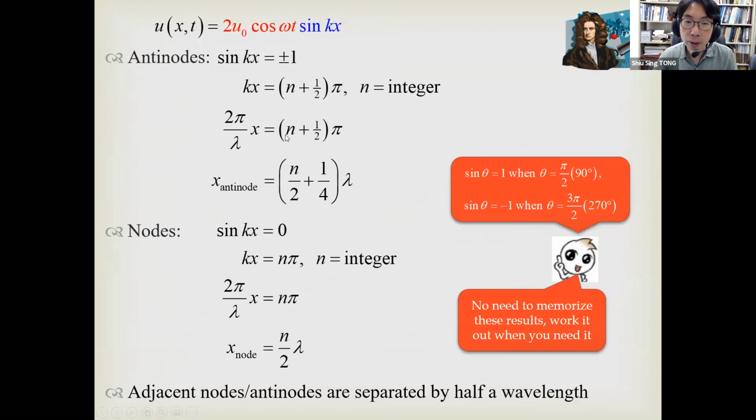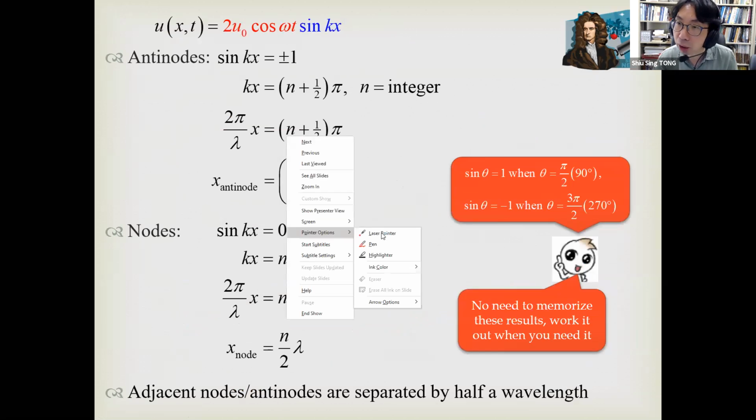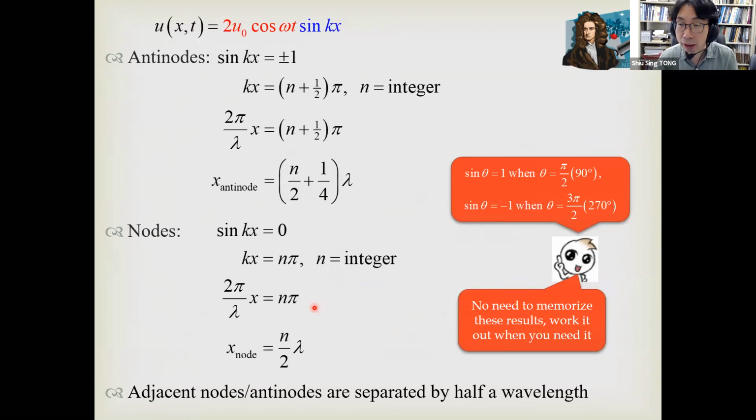I just showed you how to find the positions of the antinodes and the nodes. This is the general method. You simply set the sine factor to +1 or -1 for antinodes, and the sine factor to 0 for nodes. You actually don't need to memorize this result, because different problems may have different trigonometric functions.